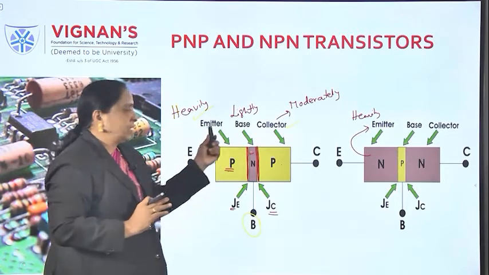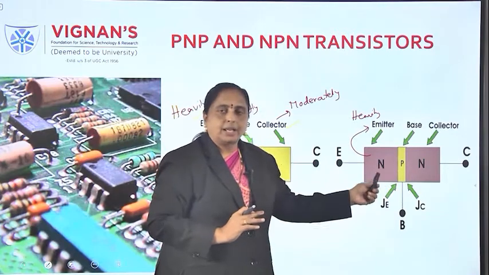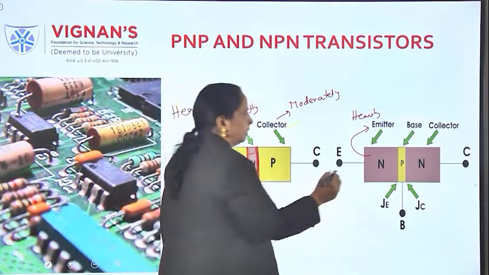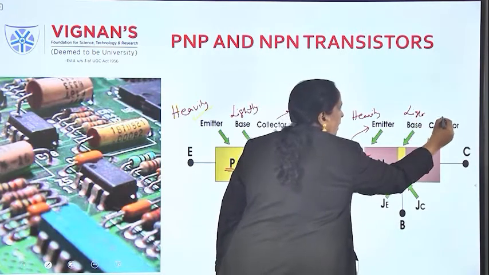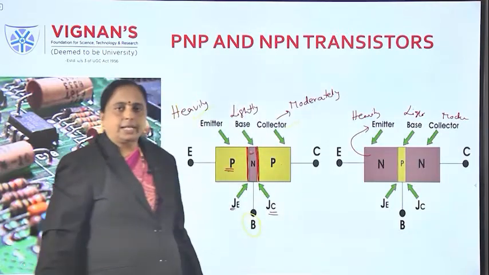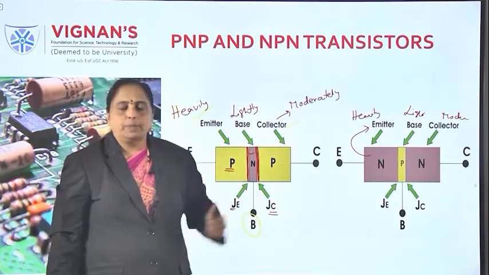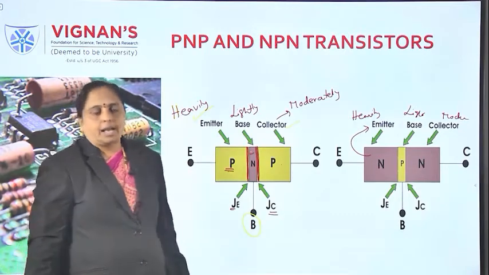In PNP, the emitter is heavily doped P material, and in NPN transistor, the N material is heavily doped, and the base is lightly doped, and collector is moderately doped. So like that we can take either PNP or NPN transistor for proper amplification or to control the carriers.